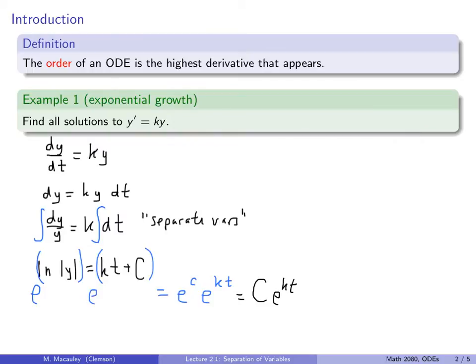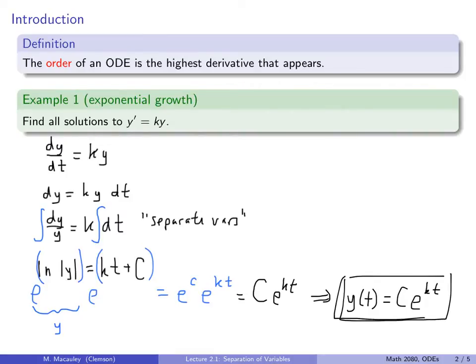If you want to, you can use a different constant than what I've used over here. I'm just going to pretend these are lowercase and that's capital. I'm just reusing the letter c. But this thing here is just y. So what we get is that y of t is c e to the kt. There is our general solution.